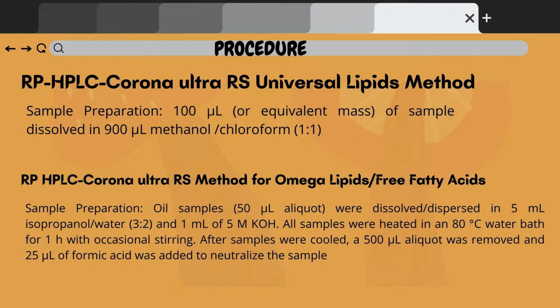All samples were heated in an 80 Celsius water bath for 1 hour with occasional stirring. After samples were cooled, a 500 microliter aliquot was removed and 25 microliter of formic acid was added to neutralize the sample.